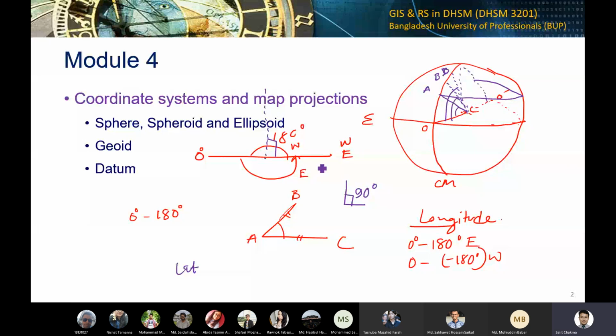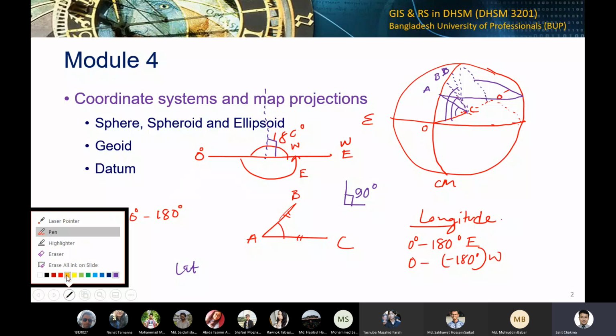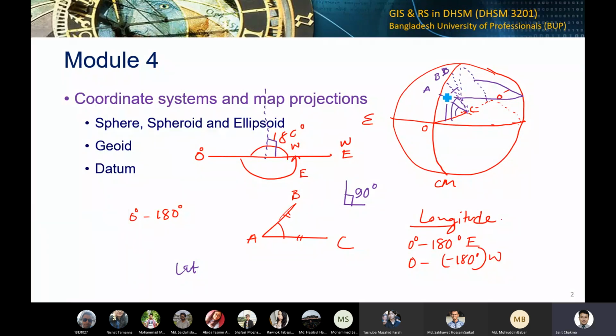For example, the angle that point A is making is moving eastward along the parallel, because some parallel is crossing the central meridian here and thus making this point A. And along that parallel on the other side, there is another meridian, which is not the central meridian, but simply one meridian. That one is also making the same angle. So if it's 30 degrees, this angle on the other side of Earth is also making 30 degrees.